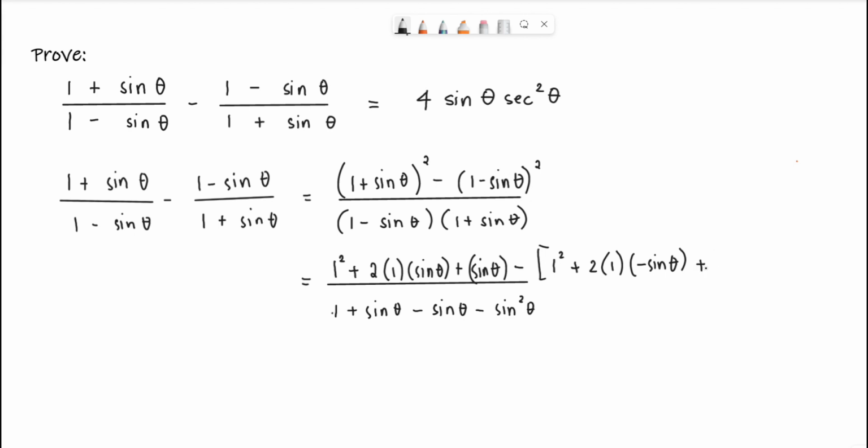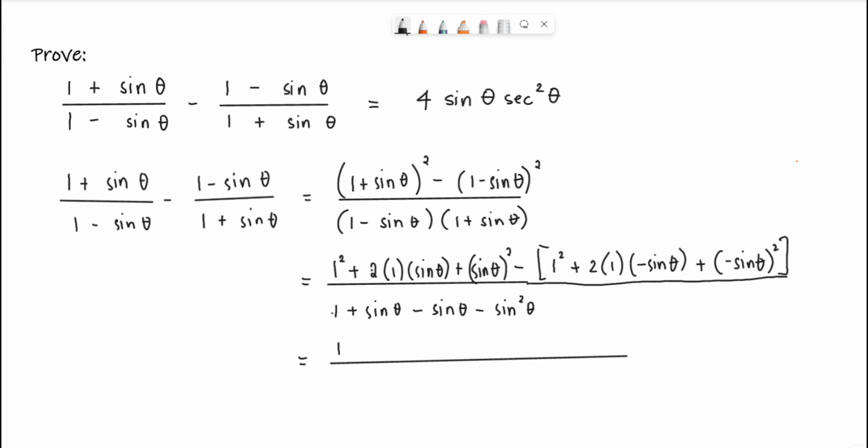So plus negative sine theta squared. Oh, I forgot the squared sign here. Okay. And then let us simplify. 1 squared is 1. 2 times 1 times sine theta, we will have 2 sine theta.